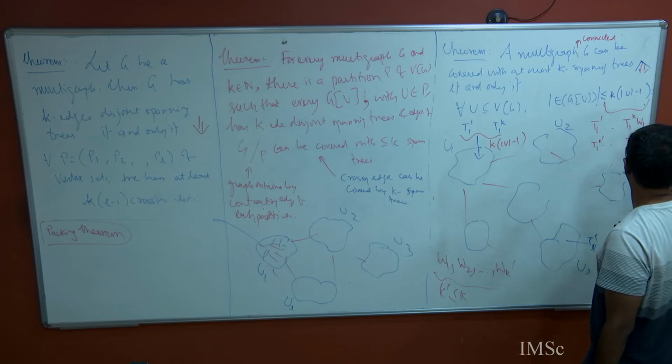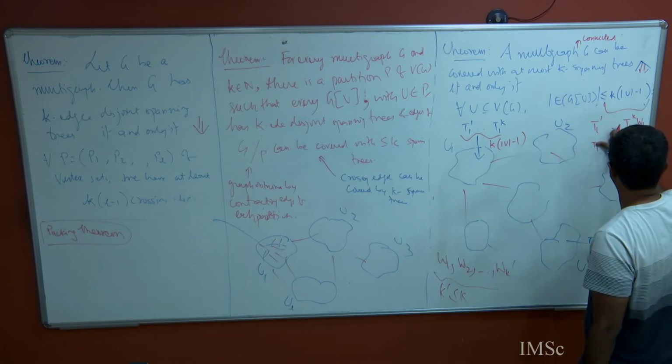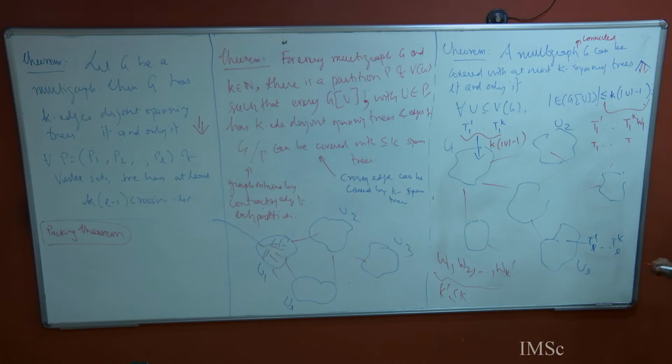No, this is wrong. This is TL1, because of the first copy. So T1 k prime, TL k prime, W k prime. For the remaining there is no Wi, but those are forests, right? Once you have a forest, if the graph is connected, I can convert this forest into a spanning tree, and hence I am able to cover all of this.